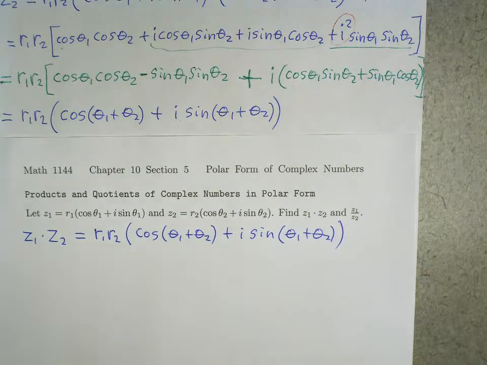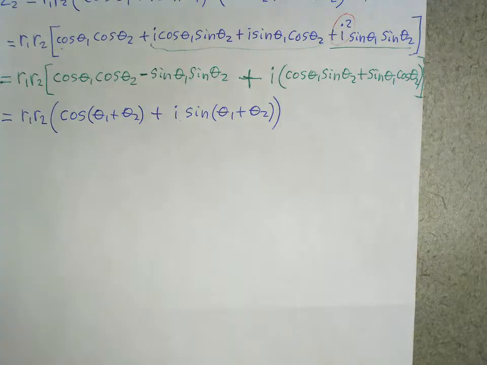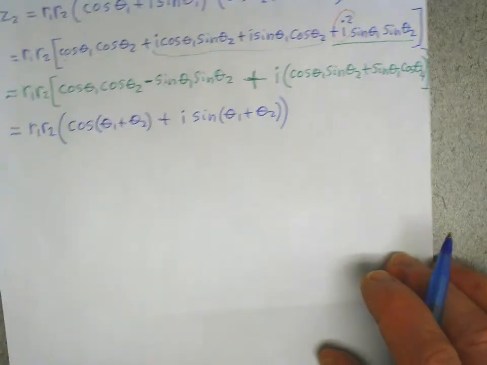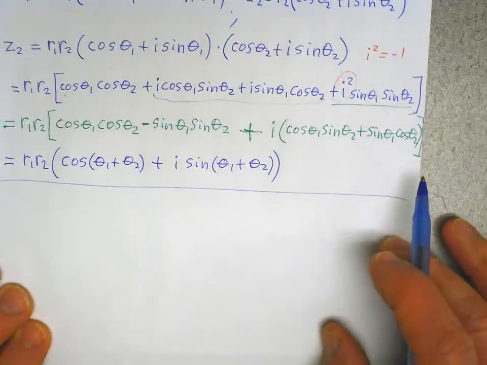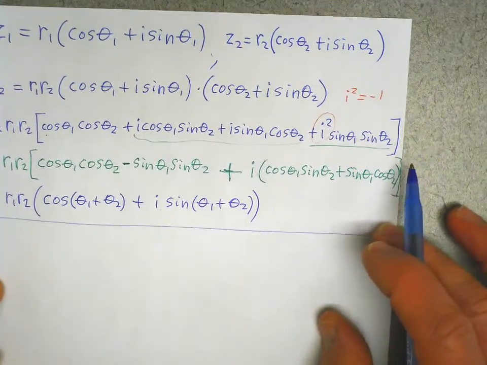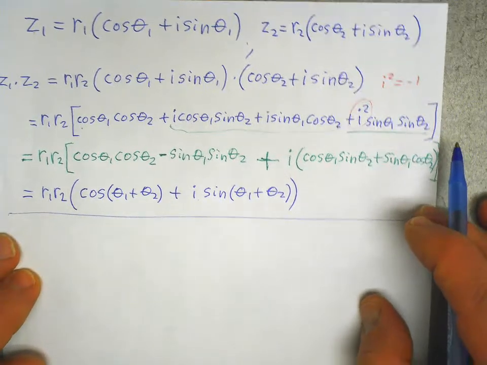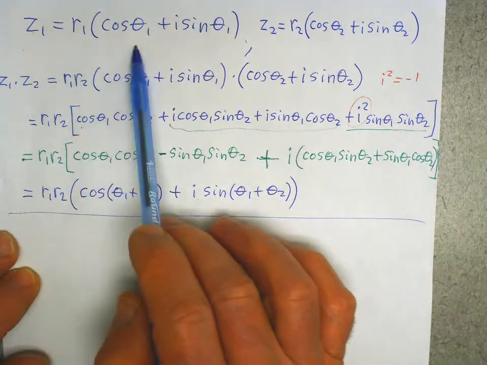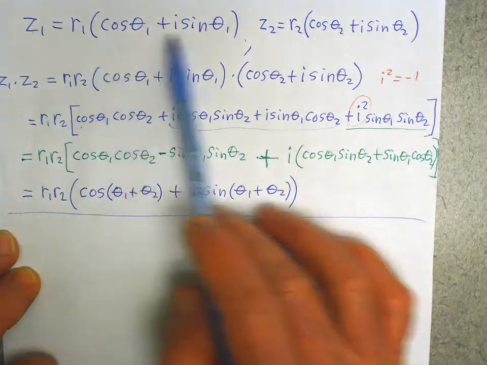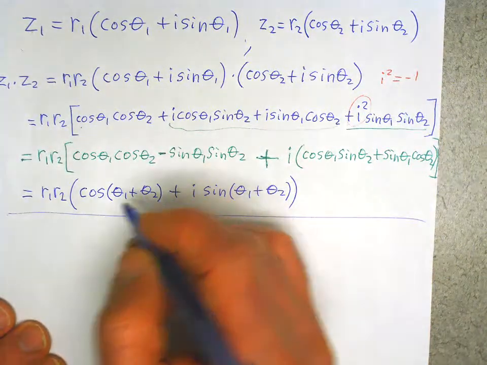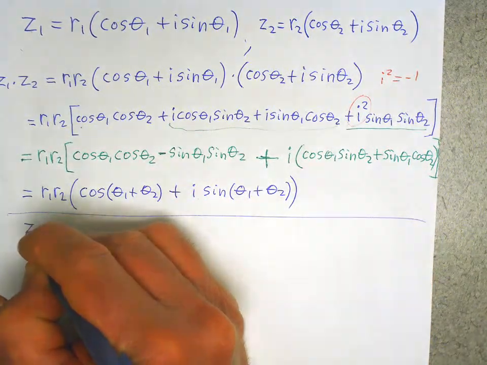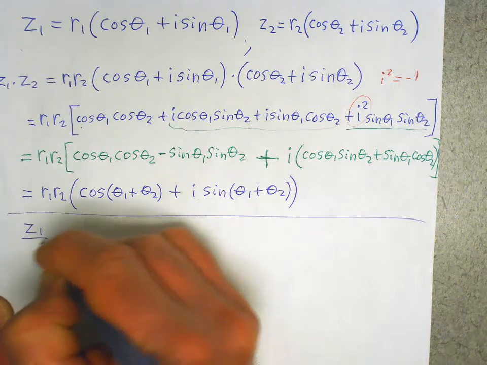Okay, but now we'll do the second part. Given that z1 is r1 times this quantity and z2 is r2 times that quantity, this time we want to divide z1 by z2.